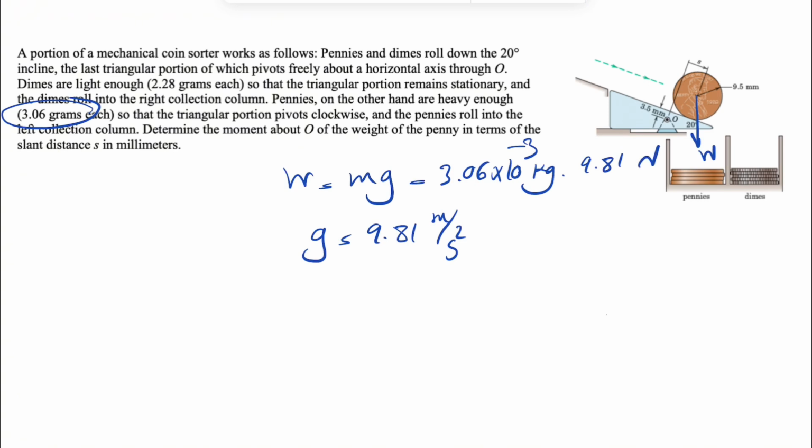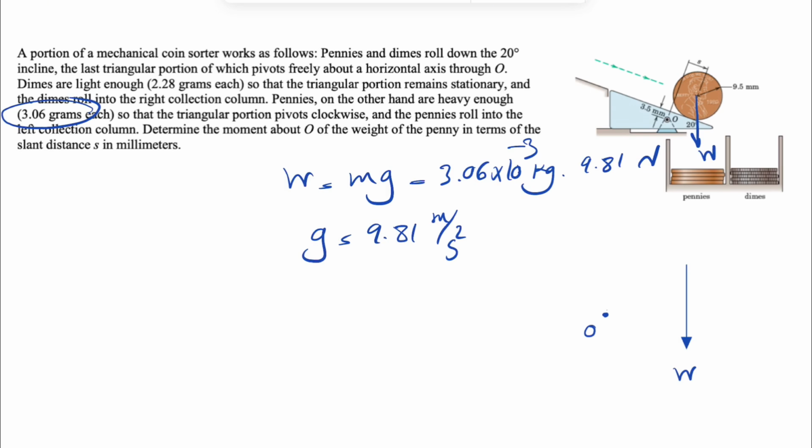I'm just going to draw this part here so we can see it better. We have this point O and the weight here, which is W. Since we're going to use our 2D shortcut, we're going to break this down into two components.